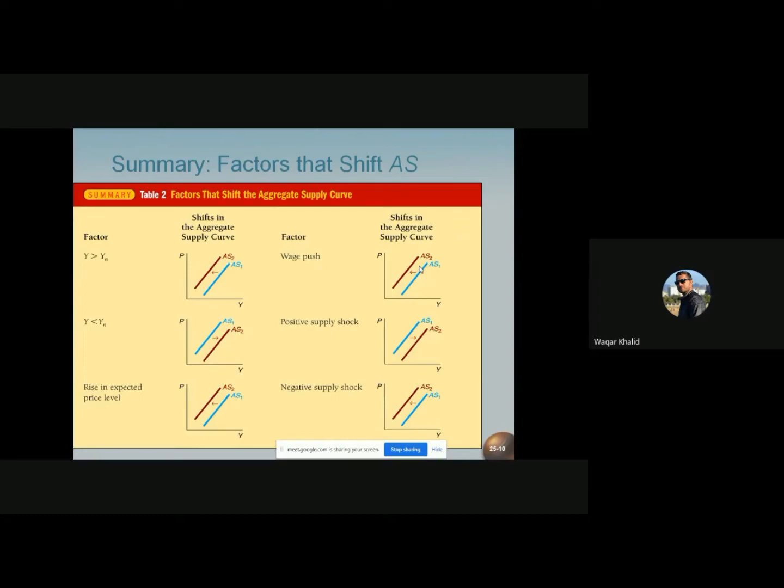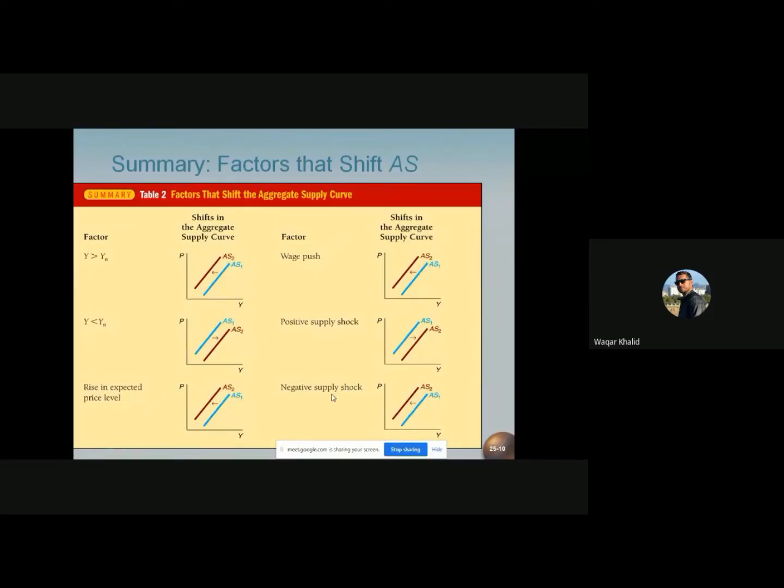Let me briefly explain the negative supply shock first. A negative supply shock, for example, a reduction in the availability of raw materials, for example, oil, will raise their price, increase production cost, and shift the aggregate supply curve leftward. So look at here.